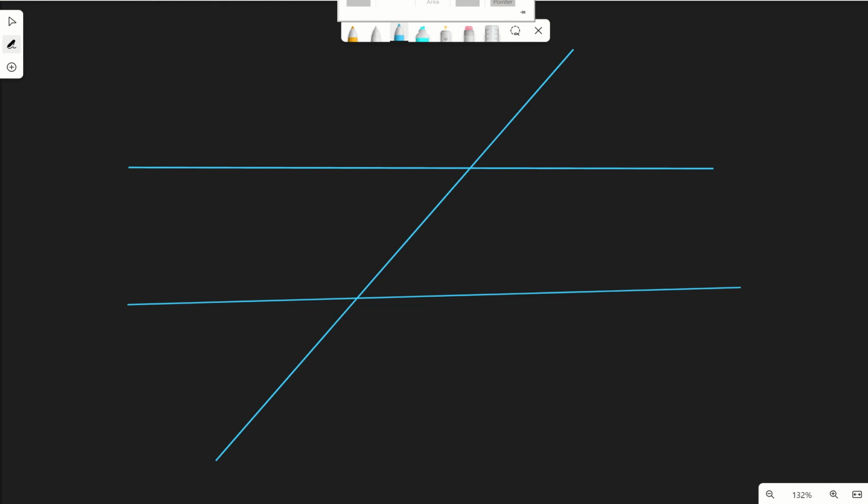Let's say I have 5x minus 10 degrees and 2x plus 15 degrees. What's the measure of my acute angle? What's the measure of my obtuse angle?